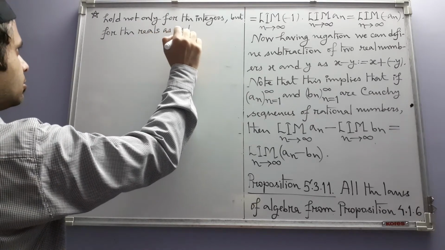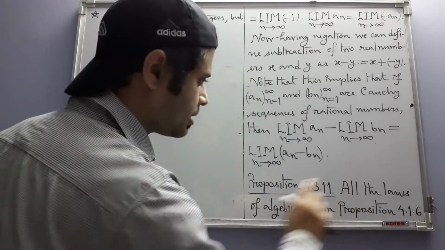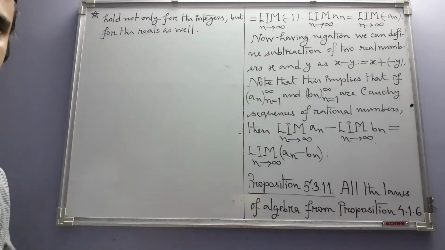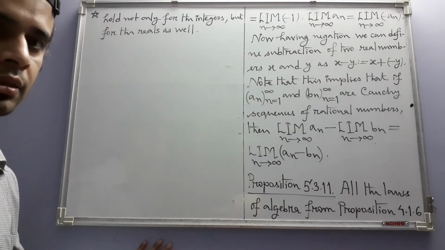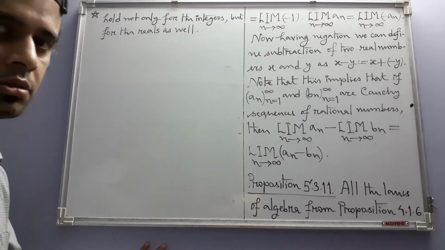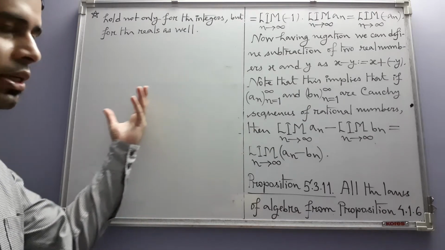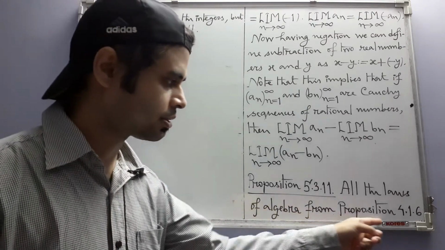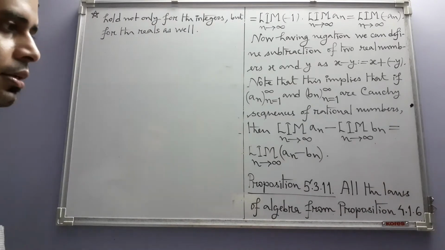So this is that proposition which tells us that the reals form a ring, that is, so and so properties are true, namely the usual ring properties which we already have in the statement of proposition 4.1.6.